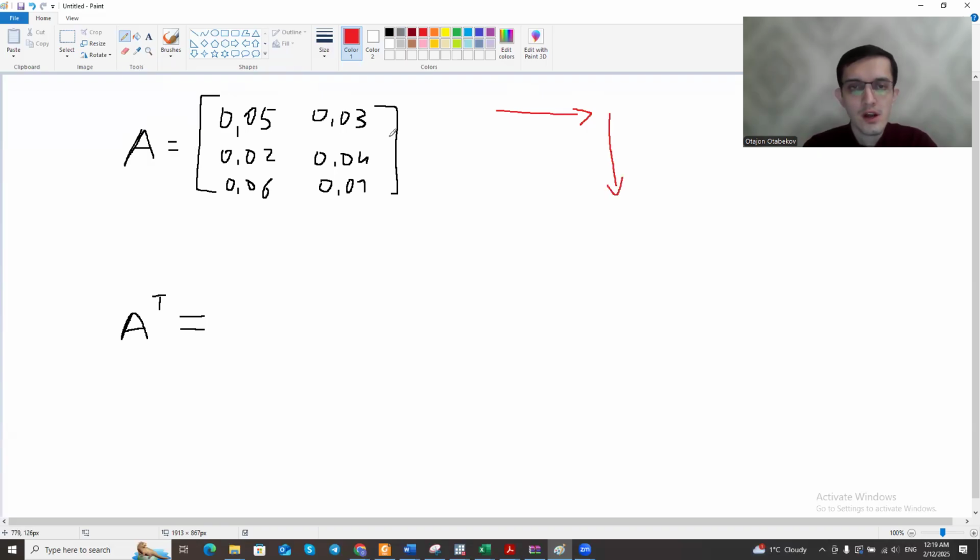What is that? From the matrix A, I take my first row and put it as my first column in A transpose. The matrix A transpose also starts with 0.05, but another element 0.03 will not be to the right of it, but it will be down from it, 0.03.